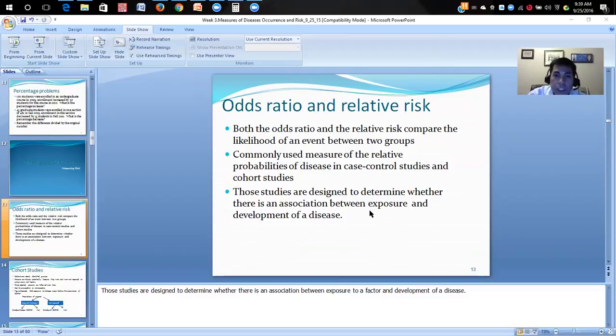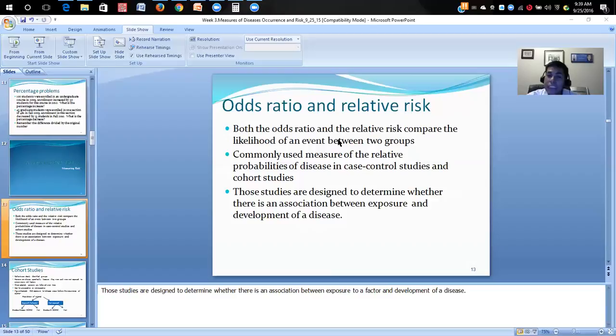So we left off last time with the odds ratio and relative risk. And as I mentioned earlier, this is a very important epidemiological statistic that has a strong relationship with chi-square statistics, because the philosophical or the mathematical foundations of these two are very closely related. Both the odds ratio and the relative risk compare the likelihood of an event between two groups, but there's a subtlety between odds ratio and relative risk.